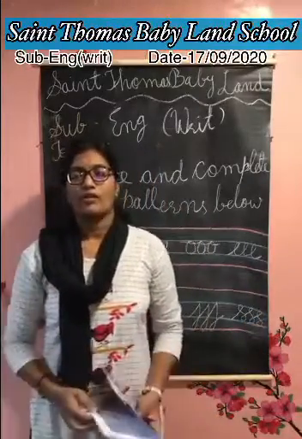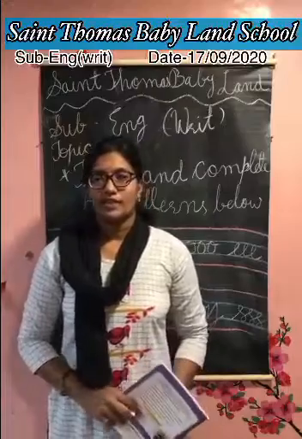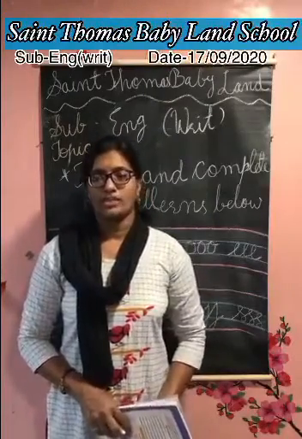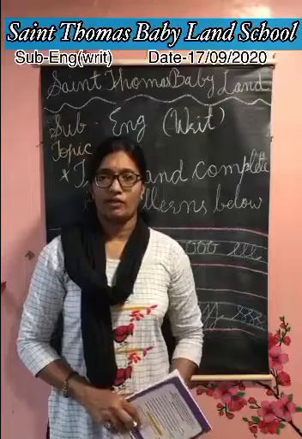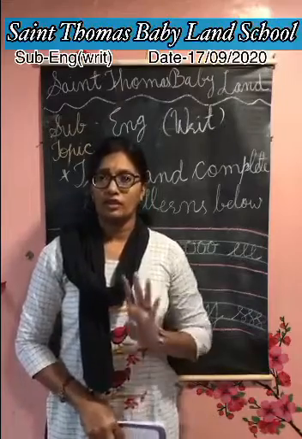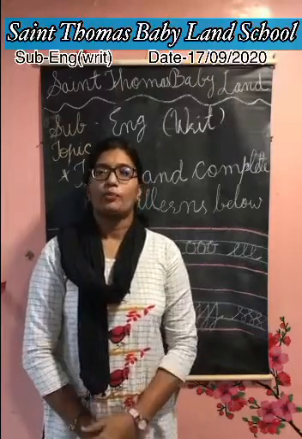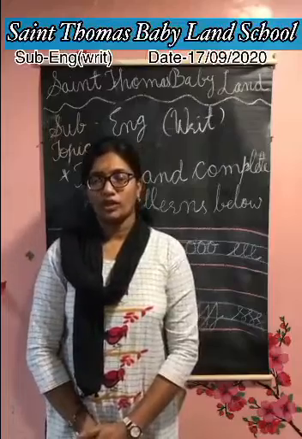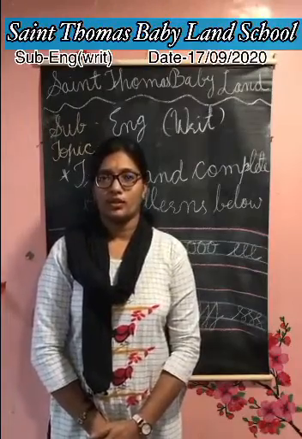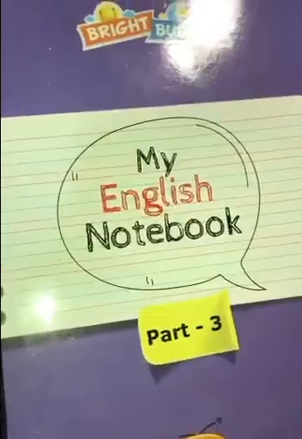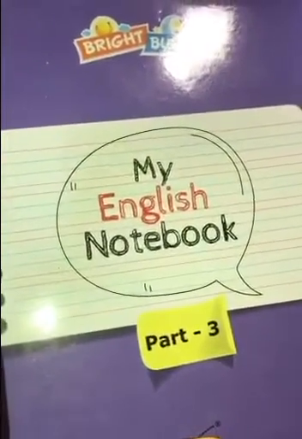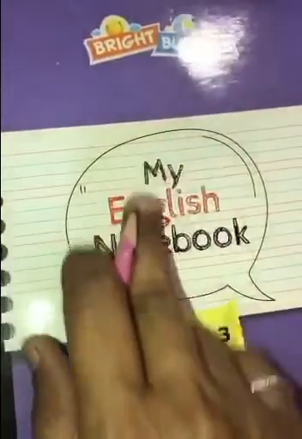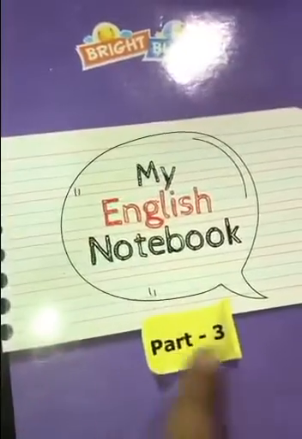Now I'll show you in our textbook, My English Notebook, page number 1, 2, 3 and 4. Today we complete our 4 pages. Okay children, open your book, My English Notebook, page number 1st. Today we start in our English written video, My English Notebook, part 3.